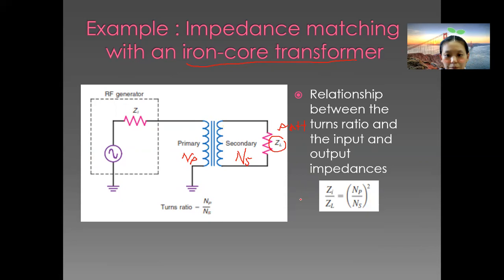The input impedance Zi divided by the load Zl equals the bracket of number of primary divided by number of secondary, squared. If we rearrange the equation, Np divided by Ns will equal the square root of Zi divided by Zl.